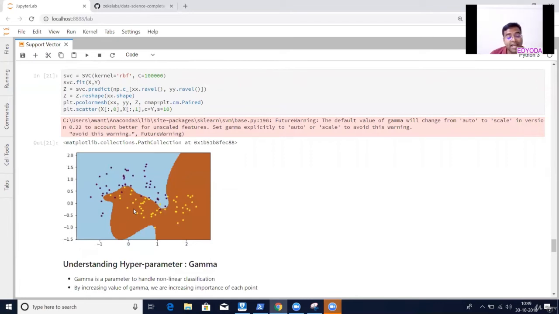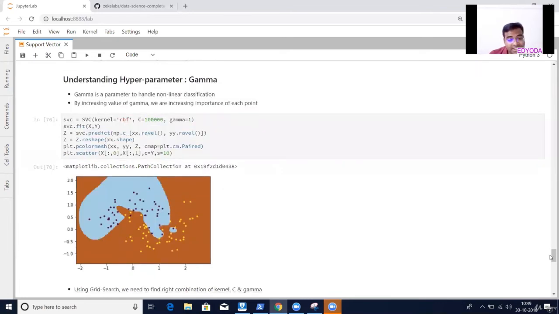We'll understand the next hyperparameter, which is gamma. Fixing C, which basically allows this decision boundary to be as complex as possible, with gamma you are telling how important a point is, right? How important a data point is. And this completely gives you nonlinear classification. As you can see, for data like this, it is completely giving this.